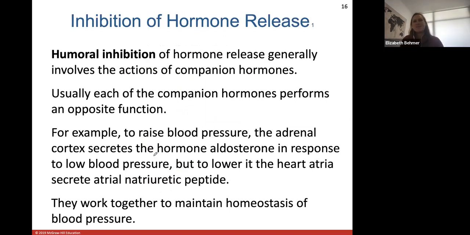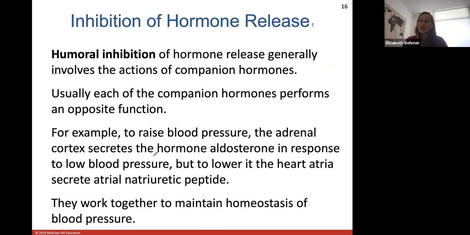In order to inhibit hormone release, so many times we want hormones to be released. That's called a stimulatory effect. If we want to inhibit hormone release, humoral inhibition of hormone release generally involves the actions of a companion hormone, where one does the opposite effect of the other. And usually each of the companion hormones performs an opposite function.